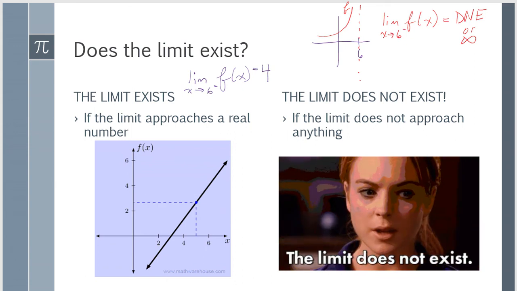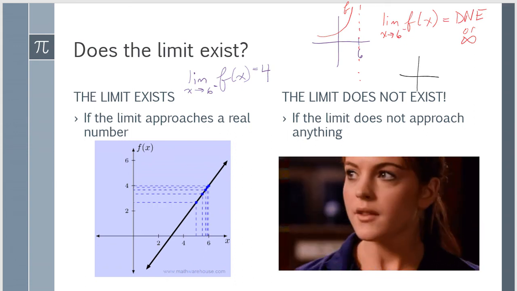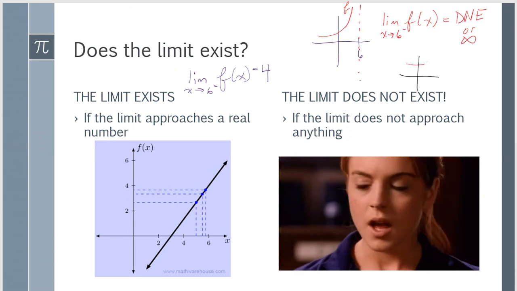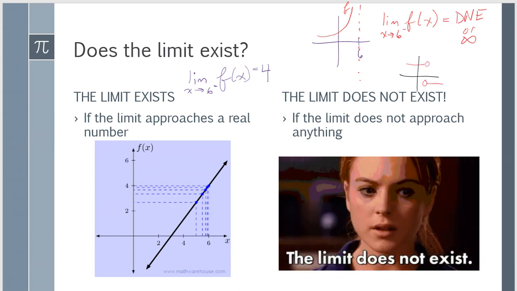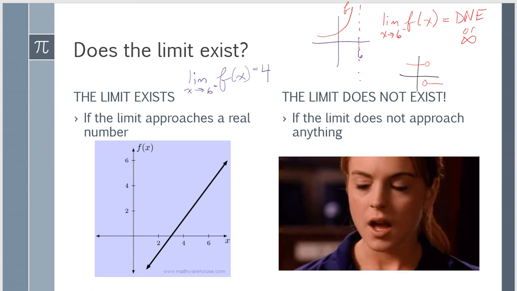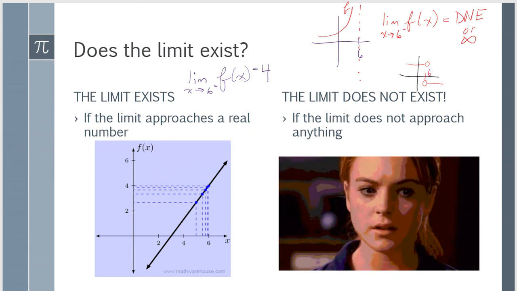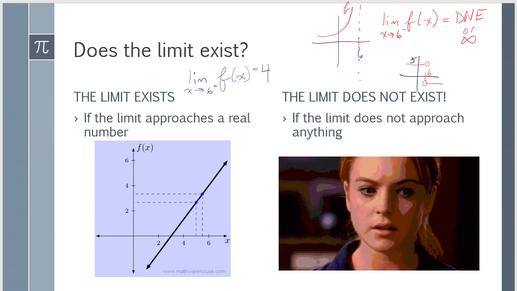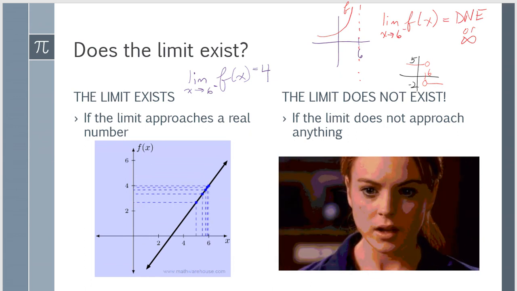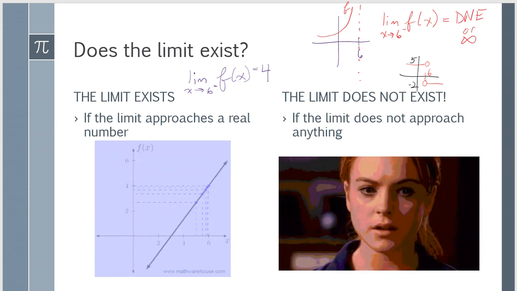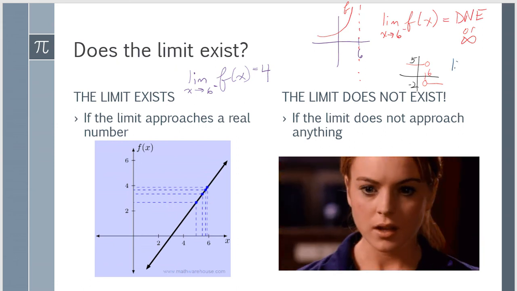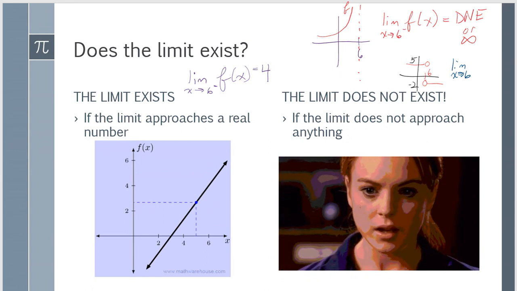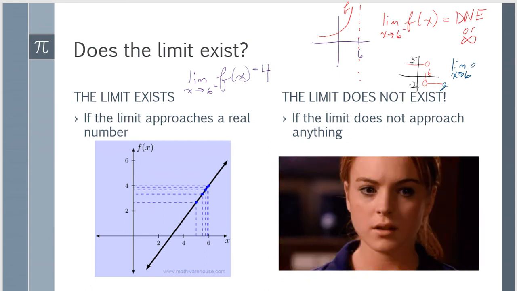Another way a limit could not exist is that a two-sided limit needs the left and right-hand limits to be the same. So if here is x equals 6, and let's say this is 5 and this is -2, and I'm looking at the limit as x approaches 6 from both sides, so no little sign there, of g of x.